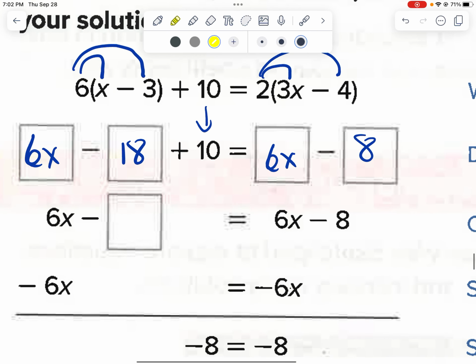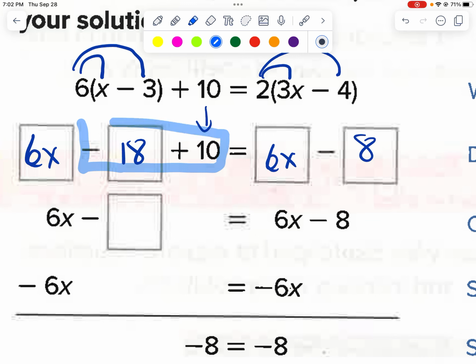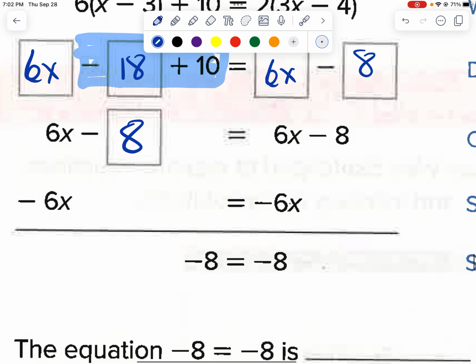Now make sure that you combine like terms. These 2 right here are like terms. Negative 18 plus 10 is going to get you a minus 8. Can't do anything with the other side, so we leave it alone. Now, I have variables on both sides of the equal sign.